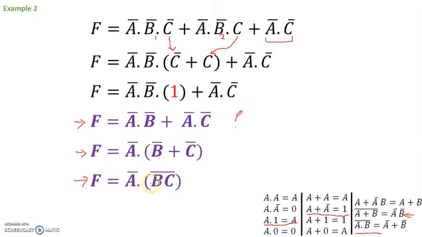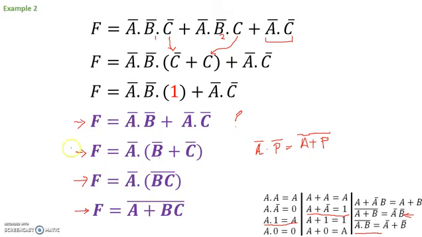So not A ANDed with not P is the same as A or P with a bar over it, or A NOR P. So we could write this as A or BC and a bar over it. Okay, so any of these four expressions in purple are valid and correct simplified Boolean expressions for this original expression we started out with. All of these are correct.